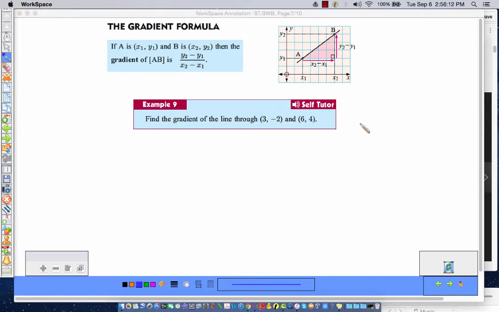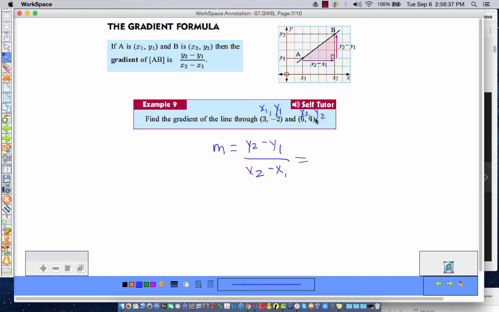Find the gradient of the line through 3, negative 2, and 6, 4. So we're just going to use this formula. Gradient equals y2 minus y1 over x2 minus x1. It doesn't matter how you label these. I guess it's nice to always label the first point x1, y1 and the second point x2, y2.